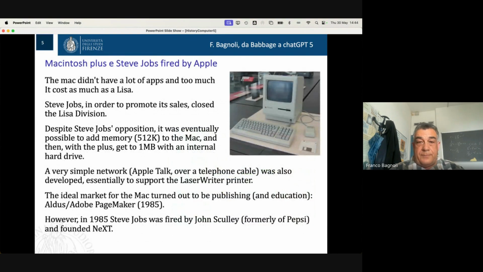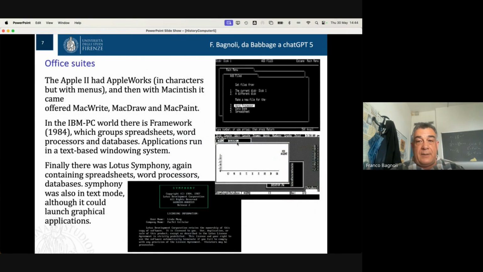Okay, so the applications were essentially driving the market.